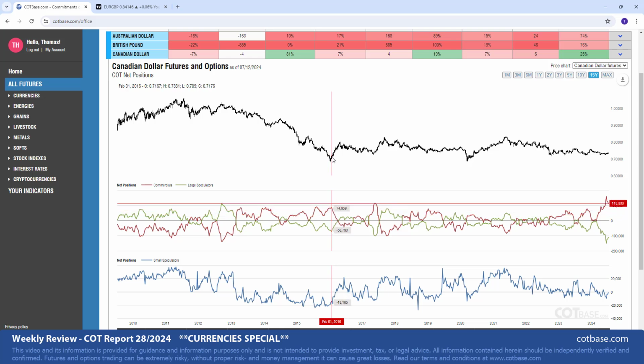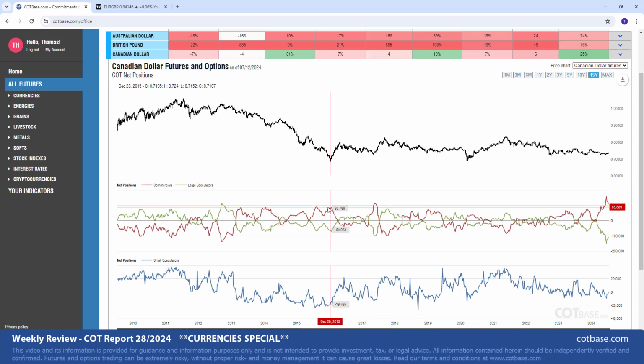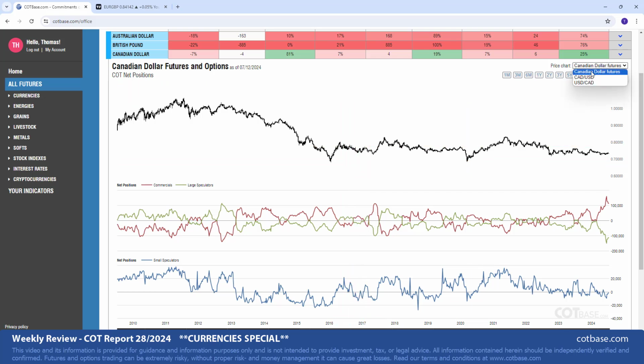You can see the weakest point for the Canadian dollar back from 2016 coincided with a bullish COT extreme. So these COT extreme signals could be very, very effective. Another thing you can do if you are trading the Canadian dollar is switching to the Canadian dollar US dollar currency pair.